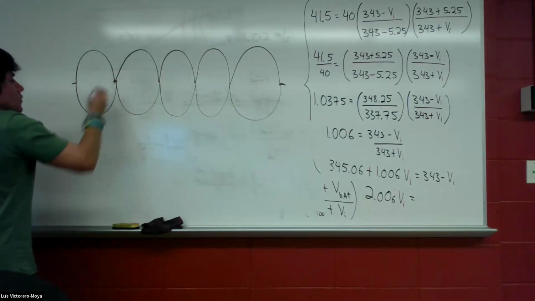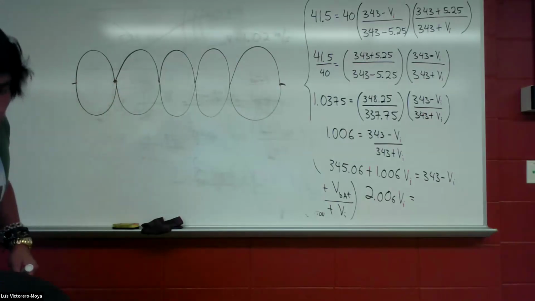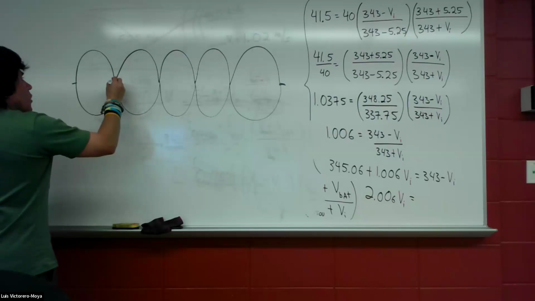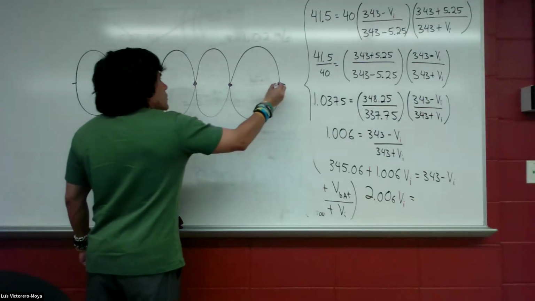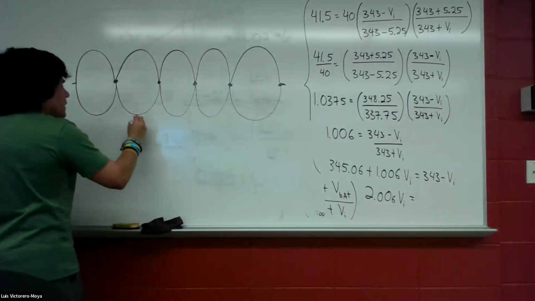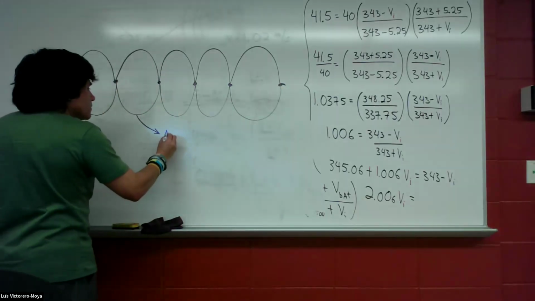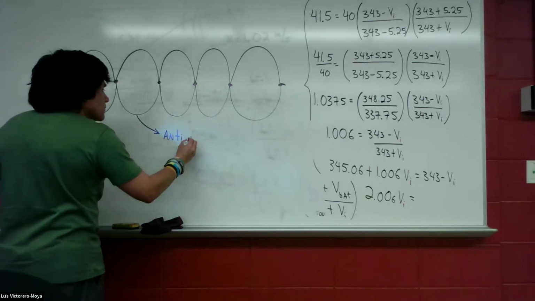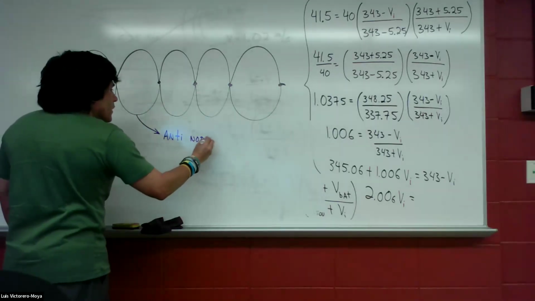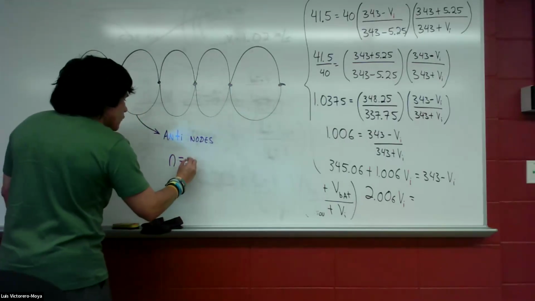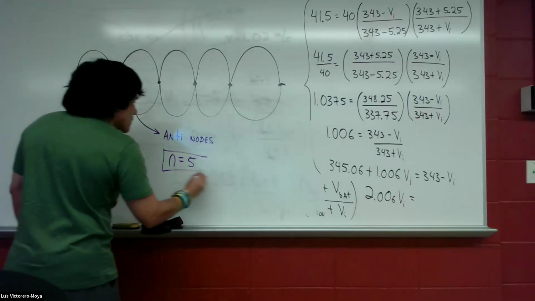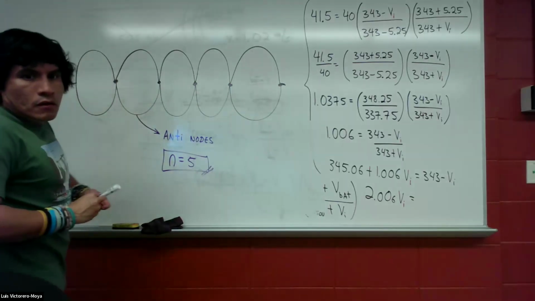These are the nodes. I want to use another color. These are the nodes, nodes, nodes, nodes. And these are the antinodes. So you are in the fifth harmonic. So n equals to 5. Easy.